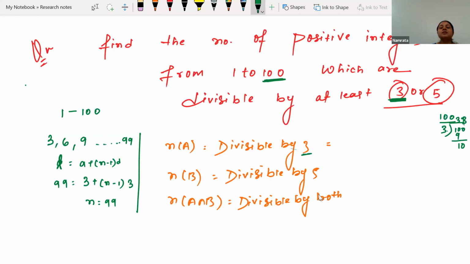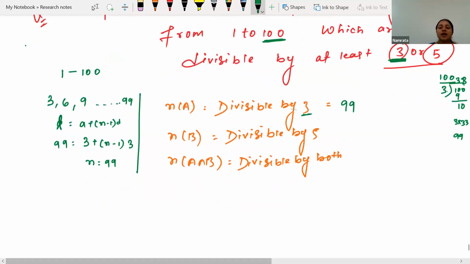So 33 times completely it is dividing 100. That means 3 into 33 is completely dividing and we get 99 from there. This is the shortcut. If you want to go by AP you can, and this is the shortcut which you can get directly here as 99. Are you getting it? Yes, ma'am.